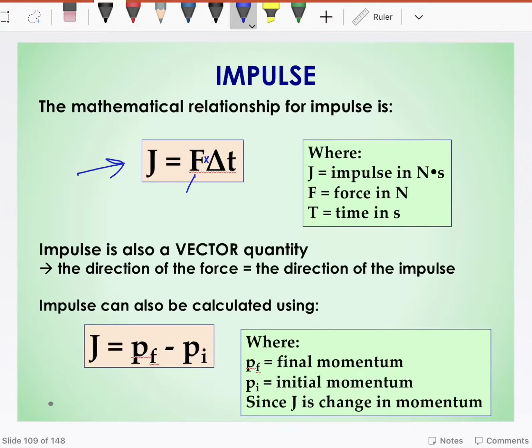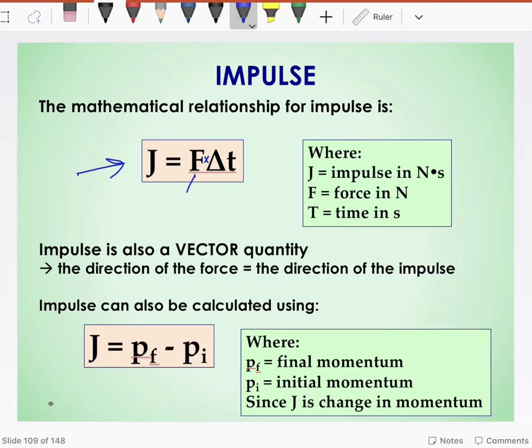The impulse is related to how much force you apply to that object and over what time interval. I'm going to be showing you a video where somebody throws an egg at a wall or at a bed sheet, and you'll see the relationship between force, time, and impulse. So make sure you pay attention to that. It's about 1 minute long.